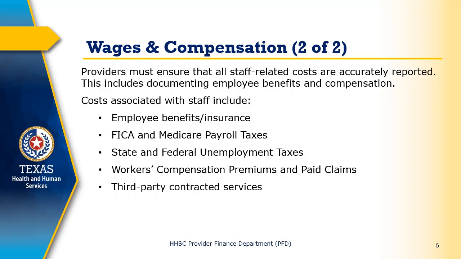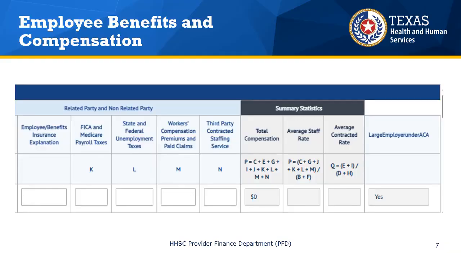Additionally, providers are required to account for state and federal unemployment taxes, as well as workers' compensation premiums and paid claims. It is also essential to include costs associated with third-party contracted services in the reporting process. This slide demonstrates the screen view for Section 7, Wages and Compensation of the CPC Cost Report.